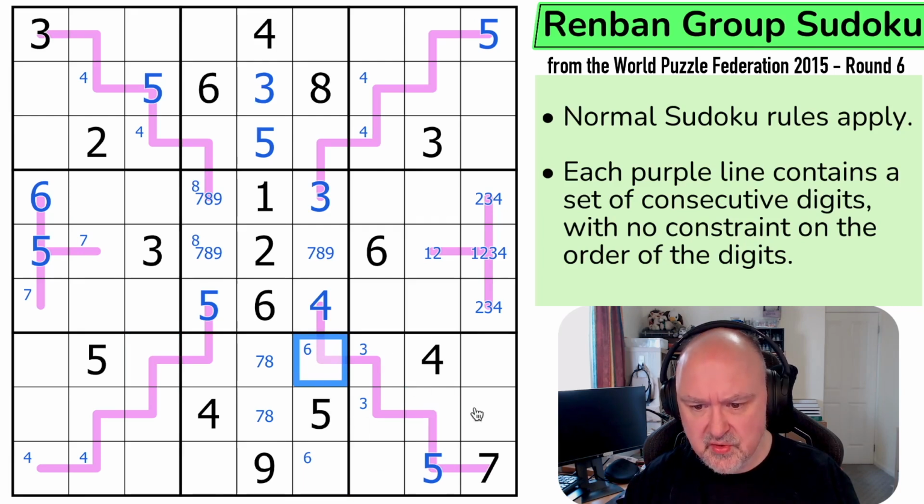So 6 in this box would be there, and then 6 on this line would be there. So if 6 is here, 6 is here. If 6 is here, 6 on this line must be here, and then 6 on this line would have to be here. So did that mean one of those two had to be 6?